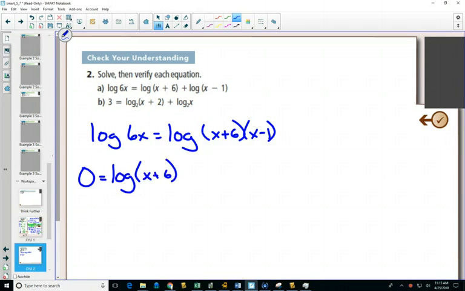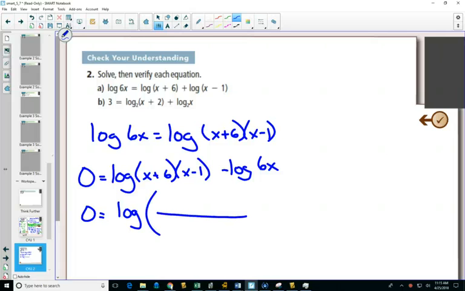I'd be left with 0 on the left-hand side. And then do I have a log law for subtracting? Yes. If you subtract 2 logs, that's the same as dividing.